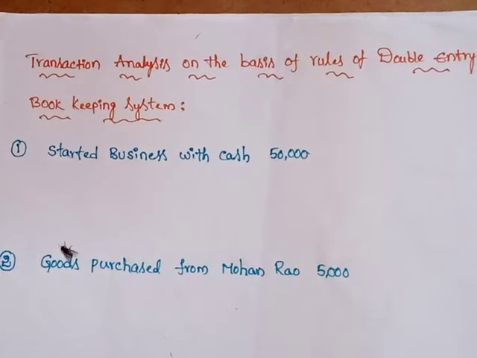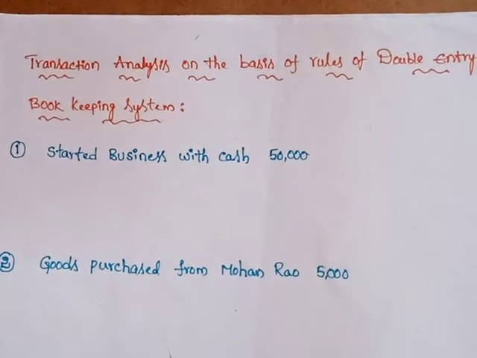According to real account, debit what comes in, credit what goes out. According to nominal account, debit all expenses and losses, credit all incomes and gains.